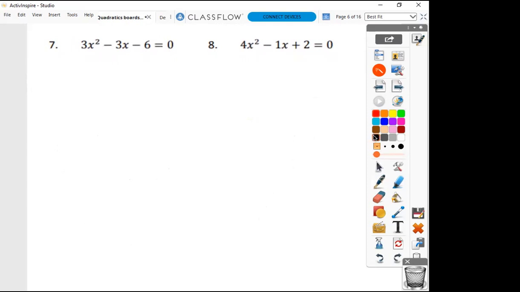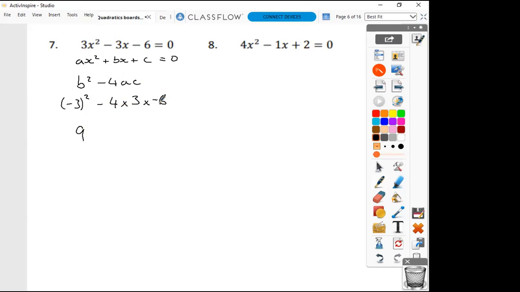Okay, let's have a wee look at a couple more. Asking for the discriminant. Now, you don't have to write ax squared plus bx plus c equals 0, but I find it doesn't hurt. b squared minus 4ac is a part of the formula that we use. b squared is minus 3 squared, minus 4 times 3 times minus 6. A lot going on here. Minus 3 times minus 3 is positive 9.